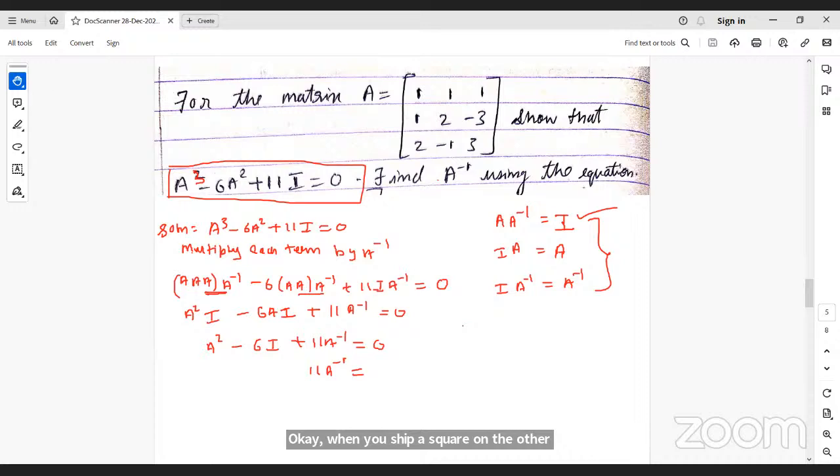Sorry, one mistake we have made here. This A into I will be equal to A.